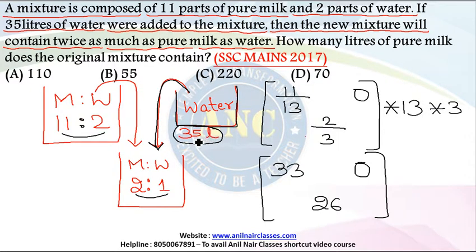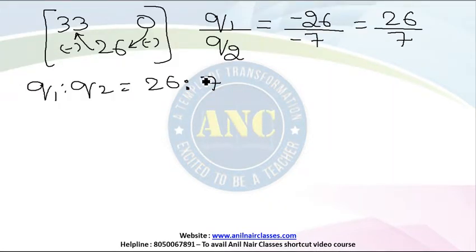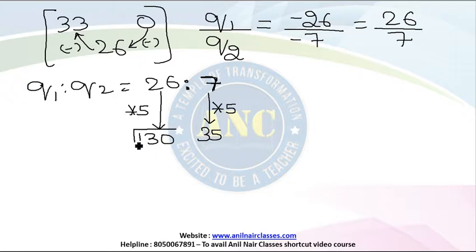That means the water quantity present in the second vessel is not 7 liters according to the ratio, but according to the question it is 35 liters. 7 is becoming 35, multiplied by 5. 26 is also multiplied by 5. 26 into 5 is 130. That means the first vessel has a total quantity of 130 liters.